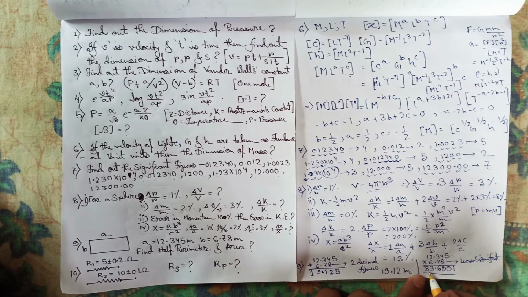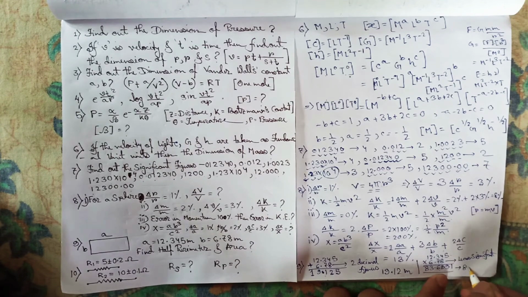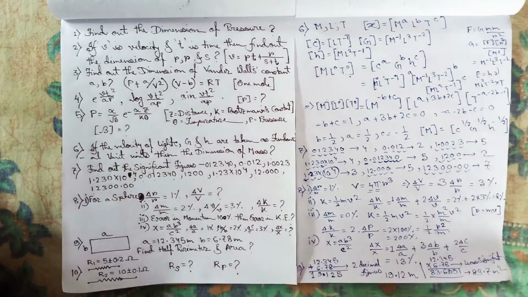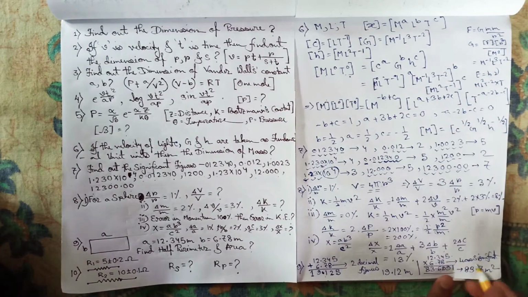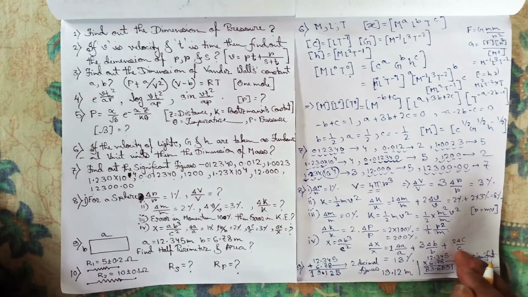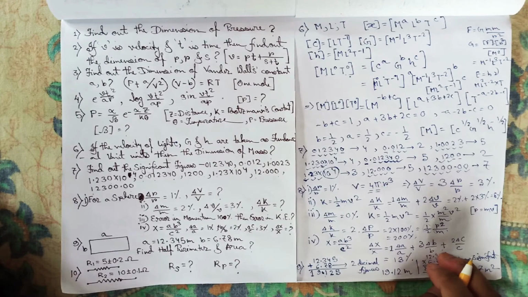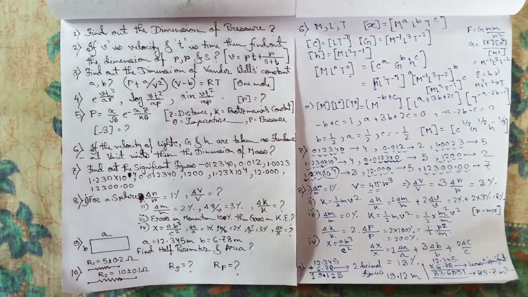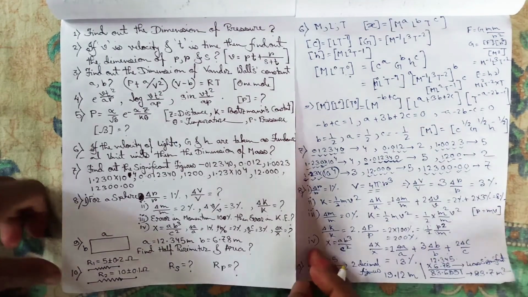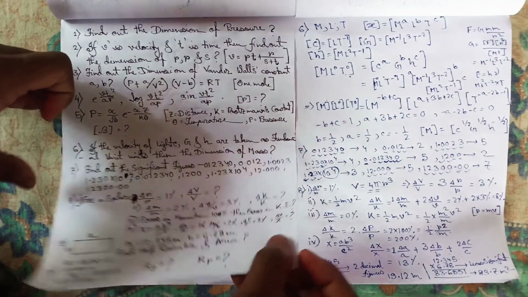Three significant figures gives 83.6, and after that it is 9, so we make it 83.7 square meter. This contains 3 significant figures, so that will be the right answer. Okay, last one, take it into the next point.